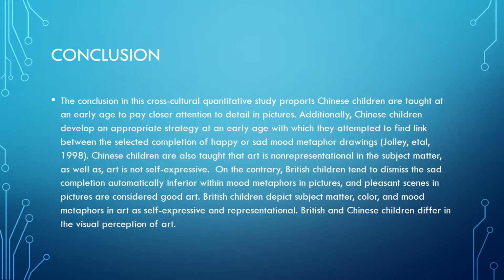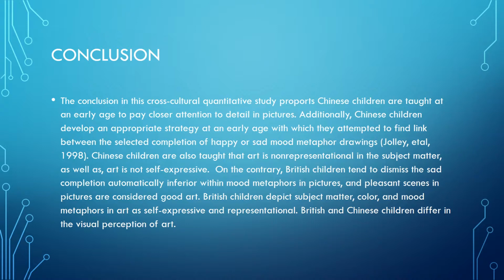In conclusion, this cross-culture quantitative study proposed Chinese children are taught at an early age to pay close attention to detail in pictures. Additionally, Chinese children develop an appropriate strategy at an early age with which they attempted to find links between the selected completion of happy or sad mood metaphor drawing.